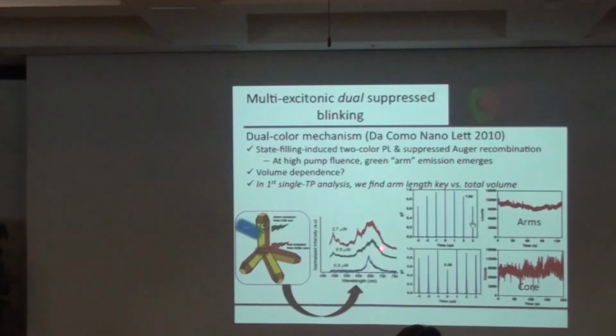As you increase the excitation power of your laser source, you state-fill the core, so it can't accommodate any more, but the arms are happily there to accept more excitons, and at some point they're able to photoemit, and you can produce two different colors from the same structure. And the interesting thing is, again, as a function of arm thickness, we can see non-blinking behavior from both the arm emission, the green emission, and from the core, the red emission.